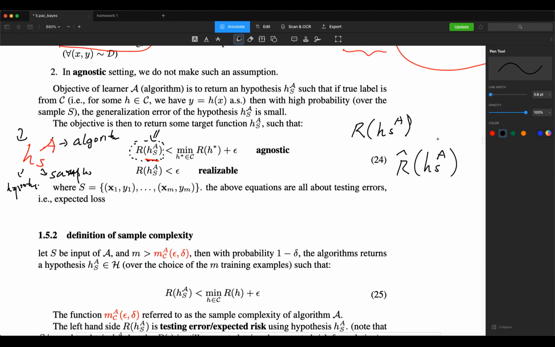Your expected risk will be bigger. Why? Because that hypothesis is learned from the sample you are given. Therefore, you can hypothetically train a very good model that satisfies all of your data in the sample, but it may not work in real life. Therefore, your testing error, or the expected risk, is going to be greater than that.